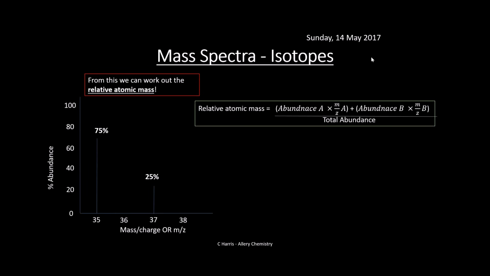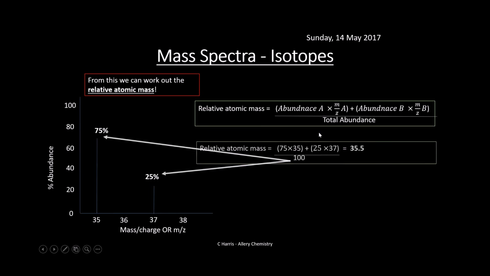Okay, so the relative atomic mass can be calculated using the abundance of A times the m/z of A, plus the abundance of B times the m/z of B, etc., depending on how many isotopes we've got. Because we've got two of them here, this will suffice. This is divided by the total abundance. In this case it's percentage abundance, so it'll be out of 100, but if it's not a percentage, make sure you add up the total abundances and divide by that.